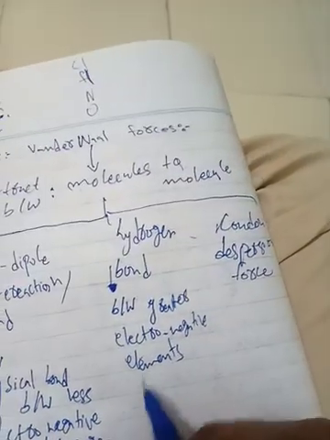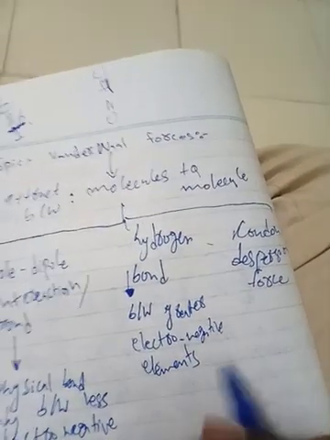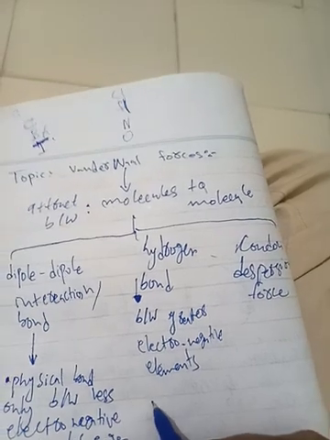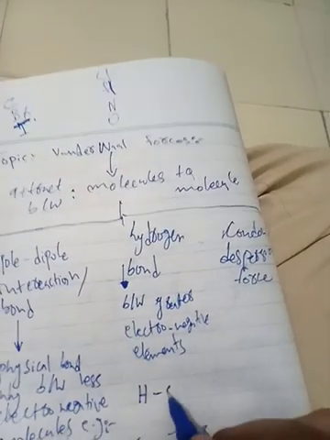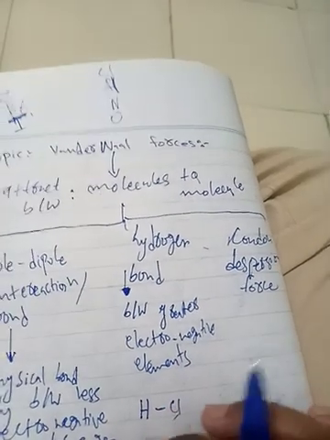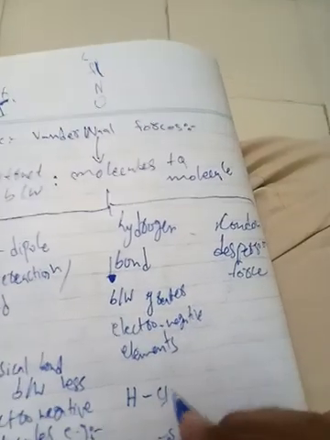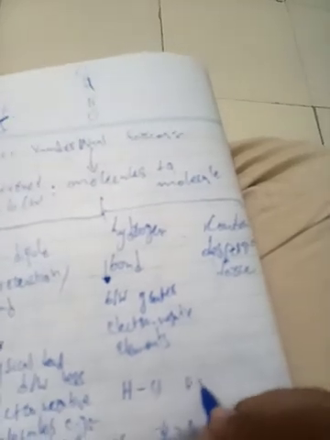Let's look at an example of a hydrogen bond. Here we have HCl, one molecule of HCl here, and the other one is here.